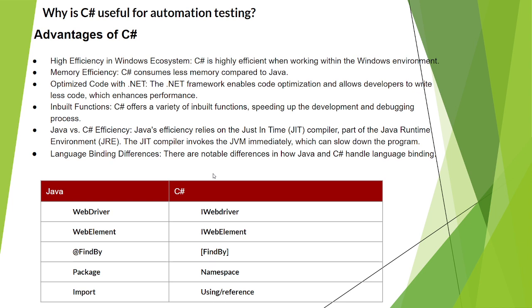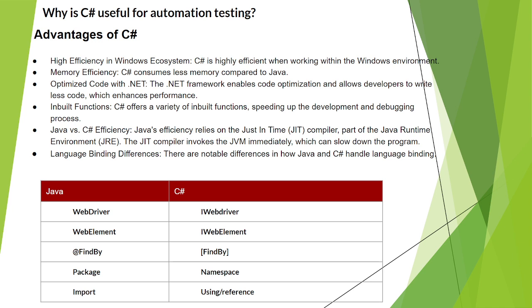Why is C Sharp useful for automation testing? The basic advantage of C Sharp is its high efficiency in the Windows ecosystem. C Sharp is highly efficient when working with the Windows environment, and it is also memory efficient.